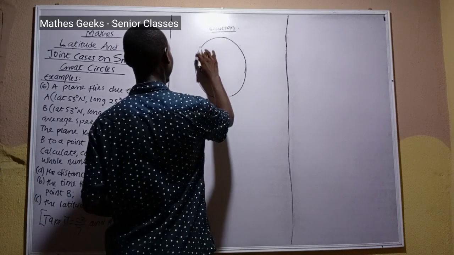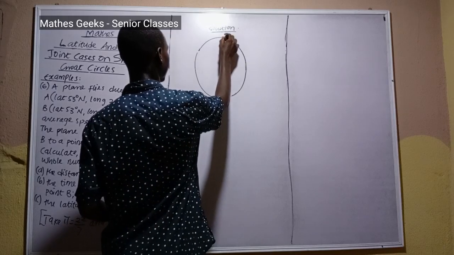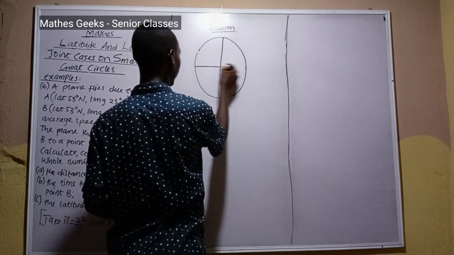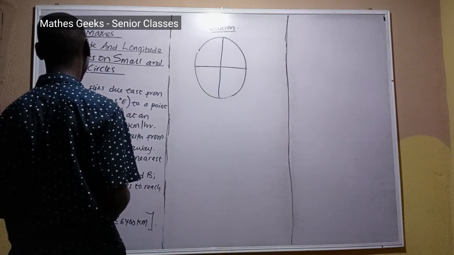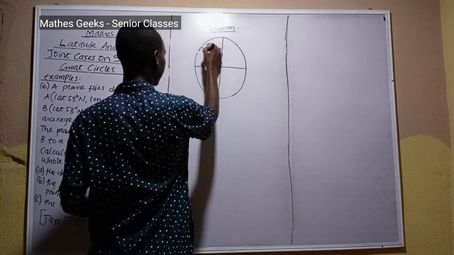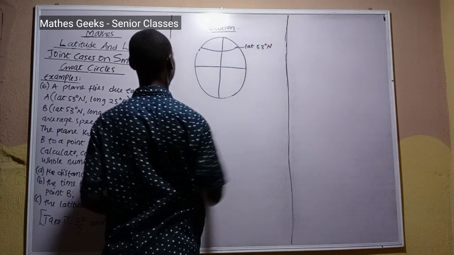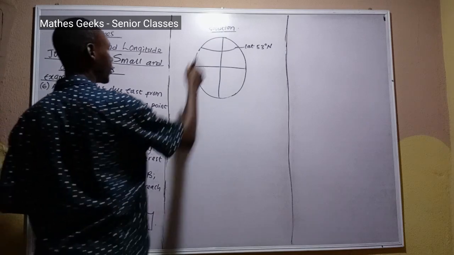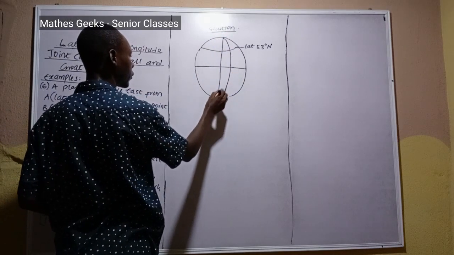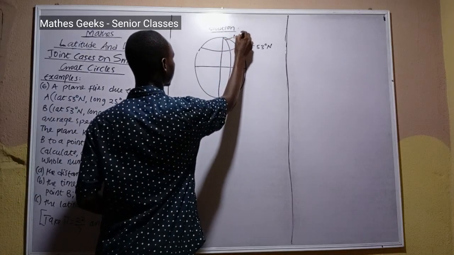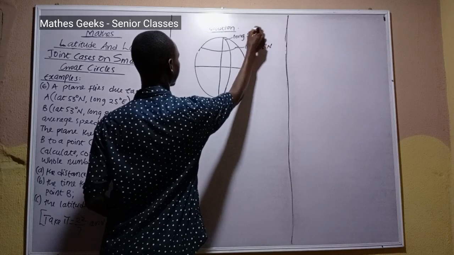Alright. So point A is latitude 53 degrees north, longitude 25 degrees east.